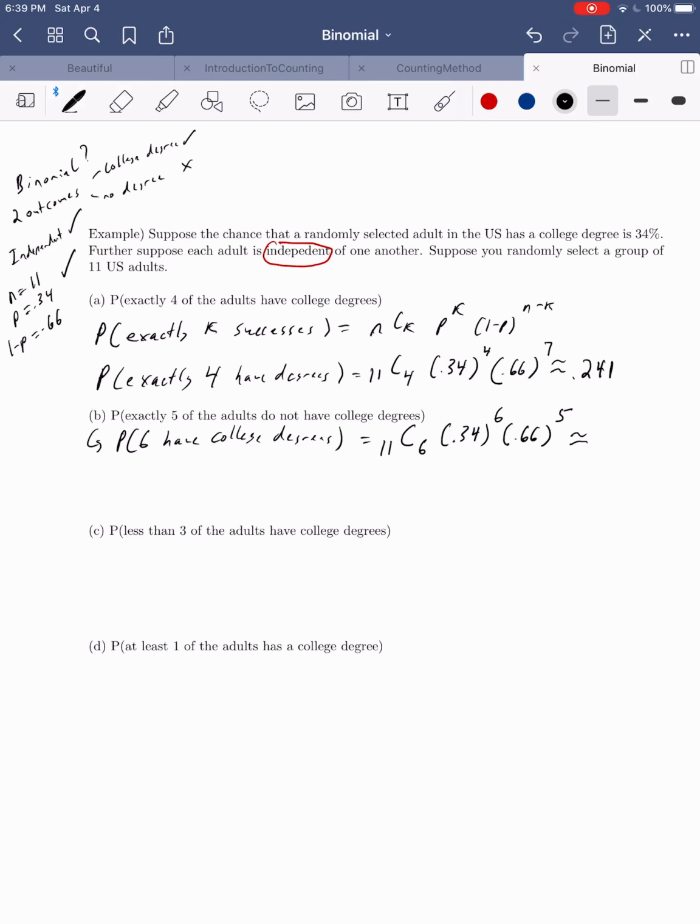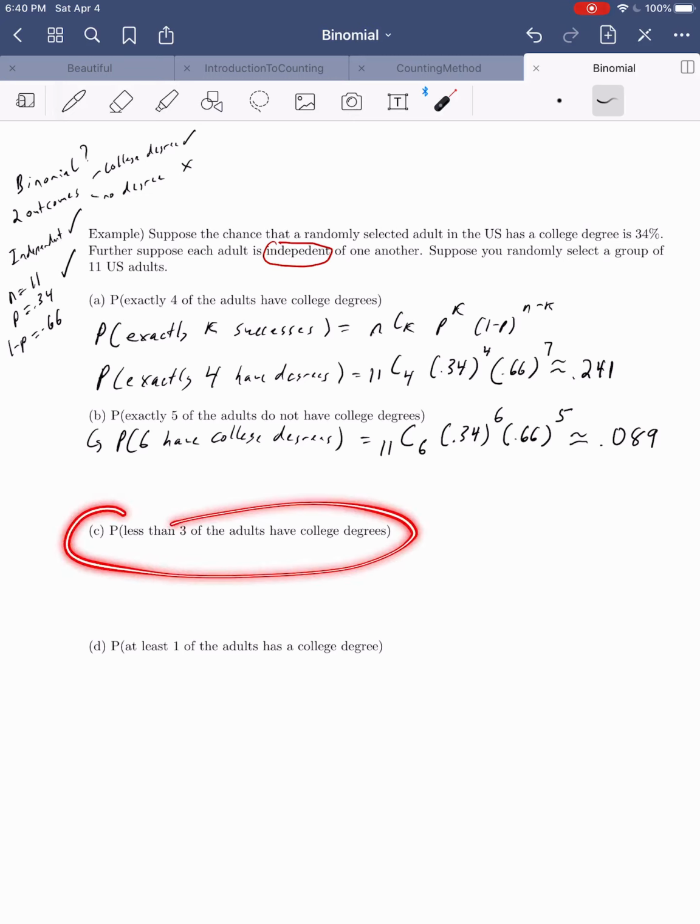So 11C6, and then times parentheses 0.34 raised to the 6 times parentheses 0.66 raised to the 5th. And that should come out as 0.089. So there's about an 8.9 or almost 9% chance that exactly 5 of the adults will not have a college degree, which is the same as saying there's about a 9% chance that exactly 6 of them will have college degrees. All right, so these first two were pretty easy because they were only talking about an exact amount. And if you'll pardon the pun, that's exactly what the binomial formula is good at.